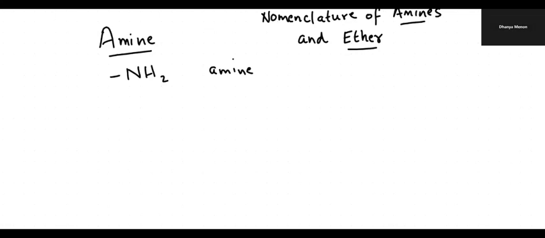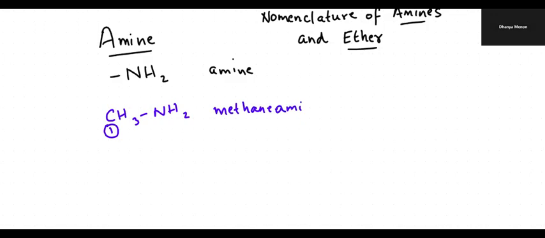So starting with the simplest one, CH3NH2. This has only one carbon atom, so we don't number the amine. So this is methane amine.